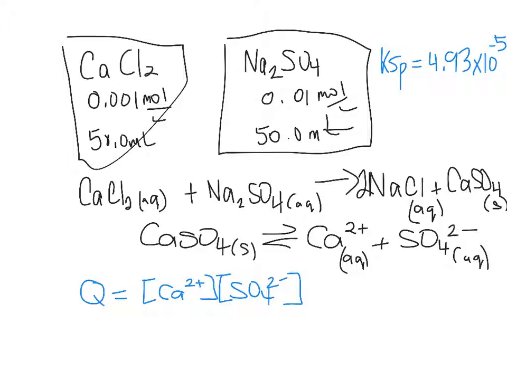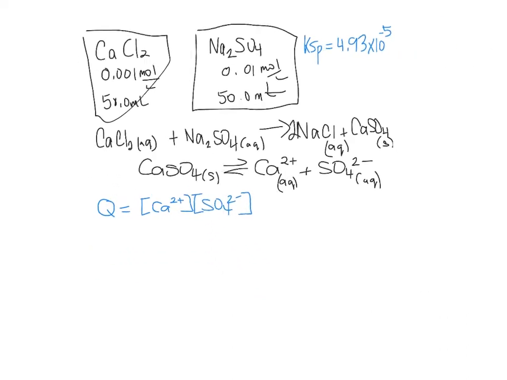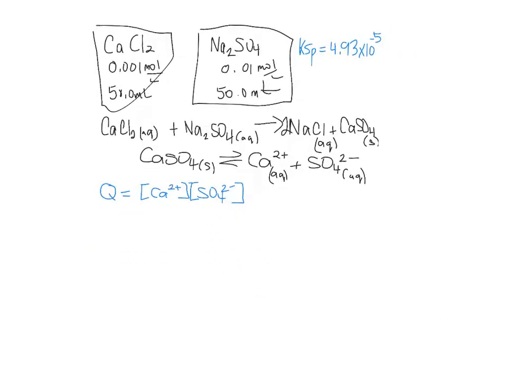But this is the tricky part. The values that you put in here depend on the new concentrations of those ions, because the total volume has changed. So we have a little bit of work to do. Did I change the moles of my substances?